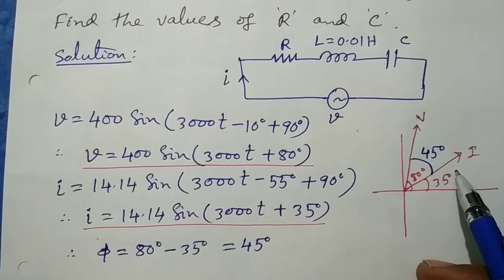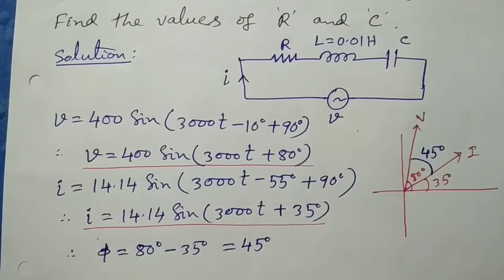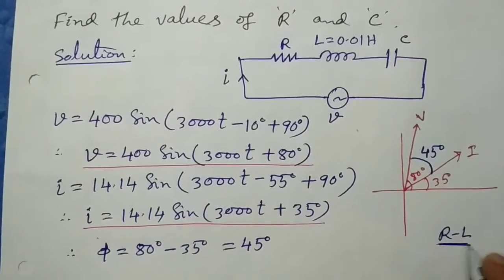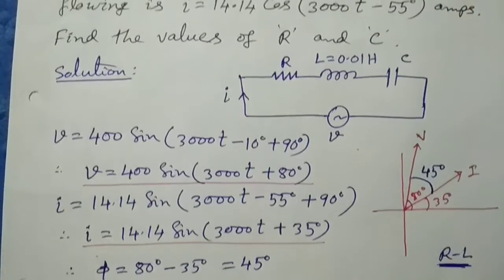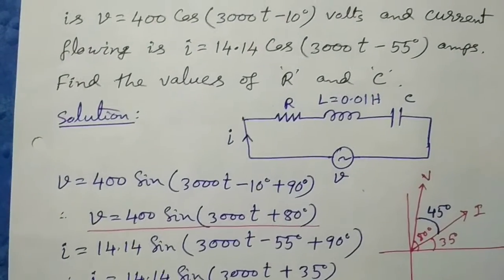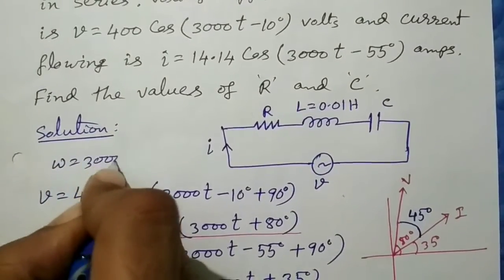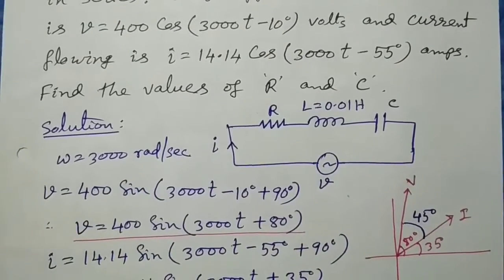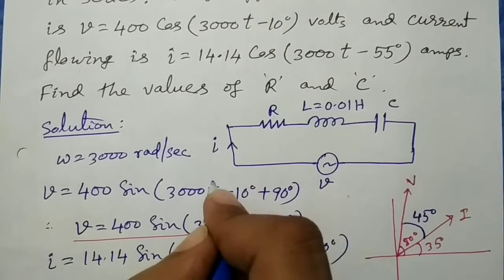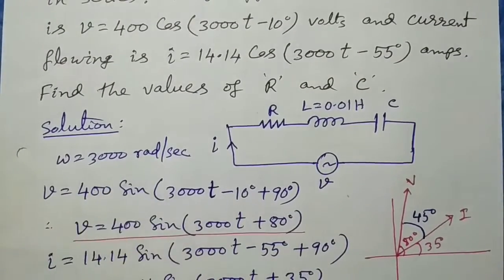As the current is lagging, the nature of the circuit will be resistive inductive, that is RL type. We also have to remember that the value of omega is 3000 radian per second, as it is written in terms of omega t, that is 3000t.